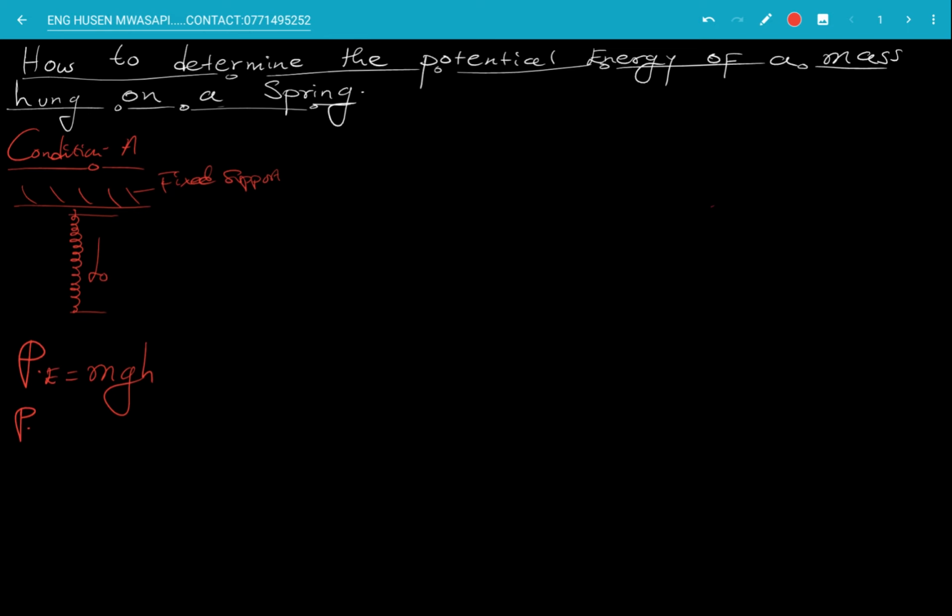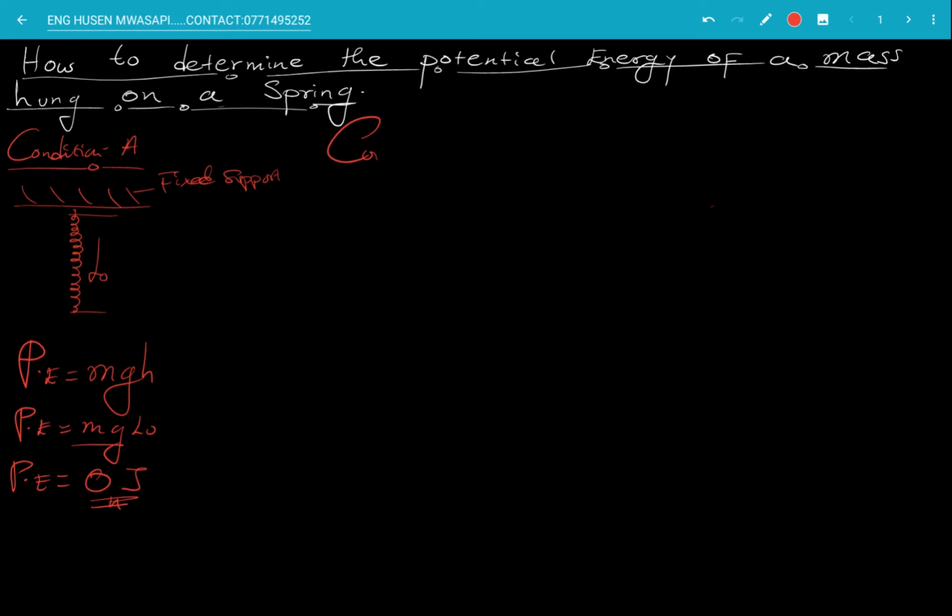So even if we say potential energy is equal to mg l initial, we don't really have mg because there's nothing attached to this spring. So if the potential energy has no mass, which provides the weight if we consider the mass due to gravity, then we'll have the potential energy of this condition A to be equivalent to 0 joules. So in condition A, the potential energy is literally 0 due to the fact that there isn't any mass attached to it.